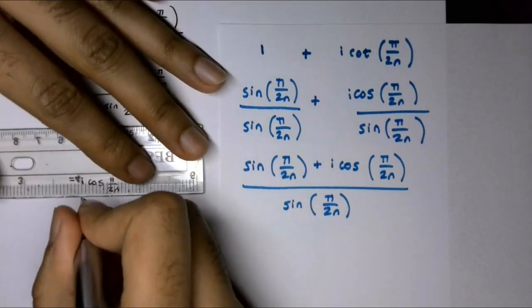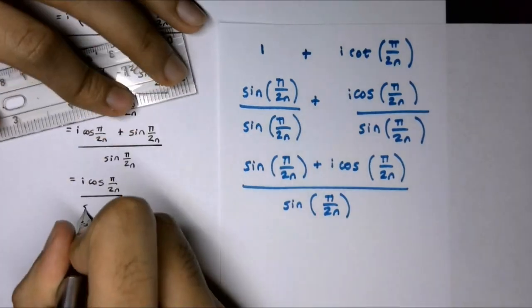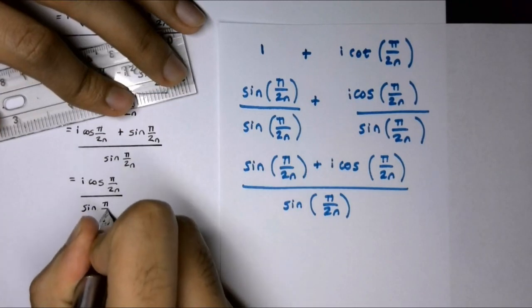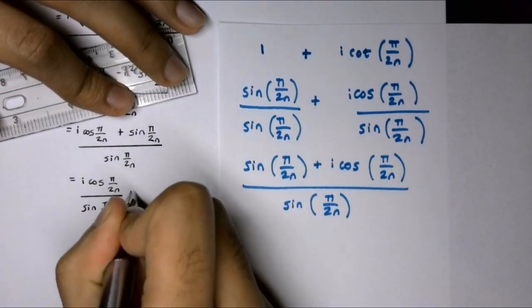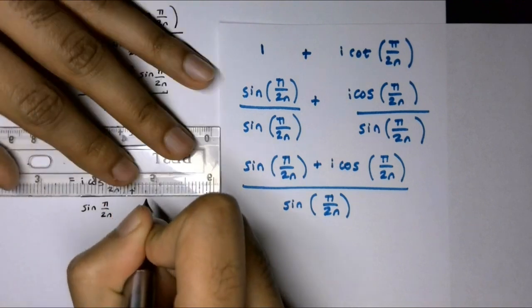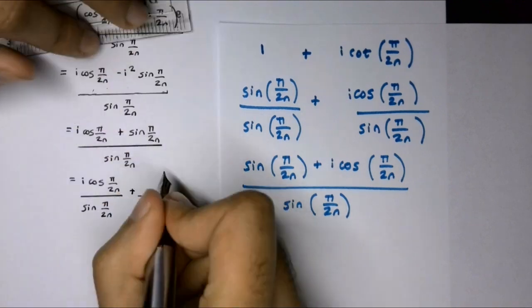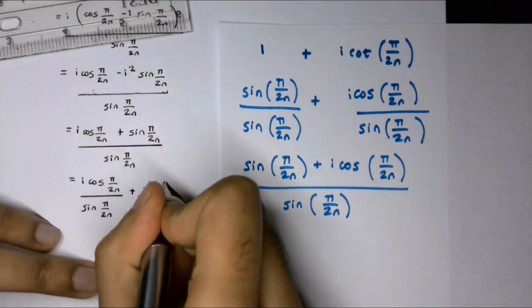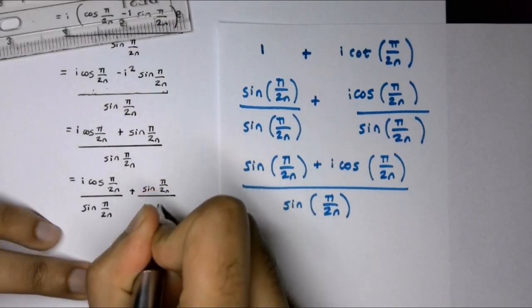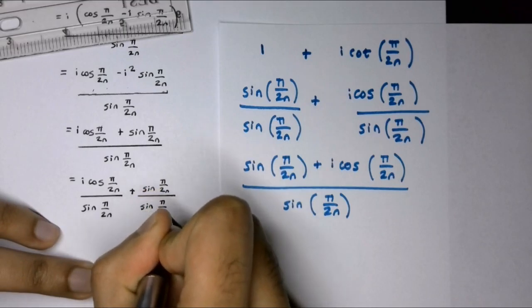divided by the sine of pi over 2n, and then we add on, as we can see over here, sine of pi over 2n over the sine of pi over 2n.